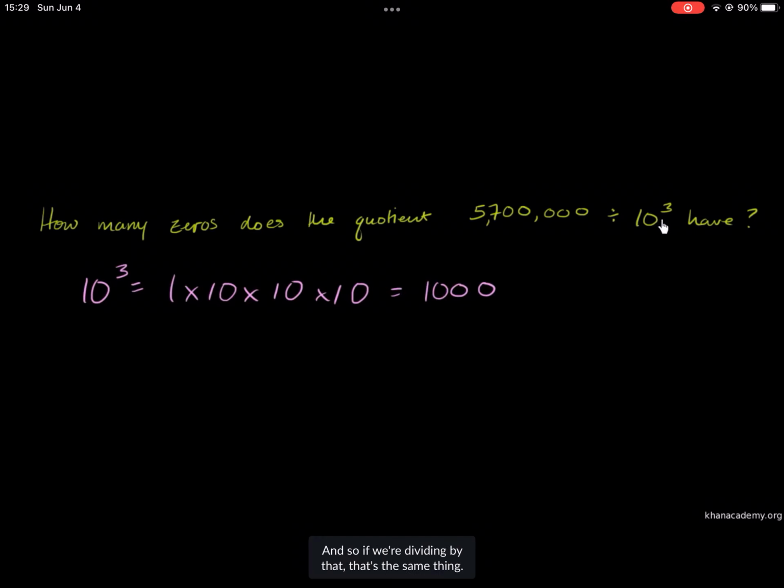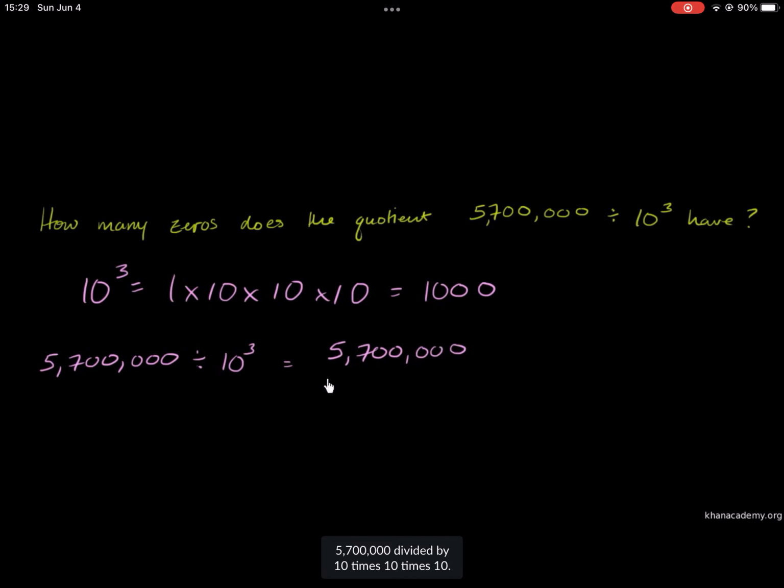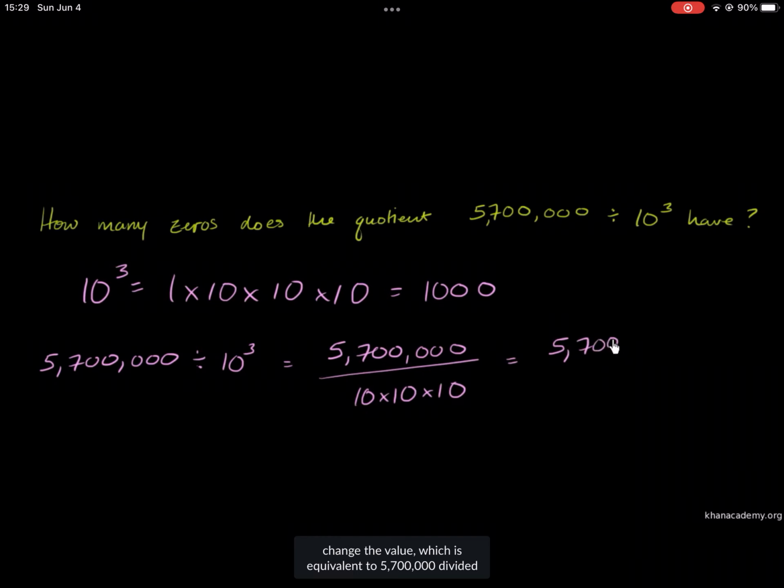And so if we're dividing by that, we could write 5,700,000 divided by 10 times 10 times 10. We could put a 1 out here, but this won't really change the value, which is equivalent to 5,700,000 divided by 1,000.